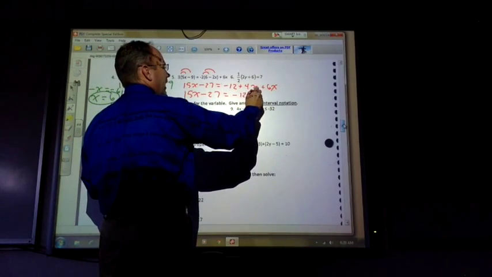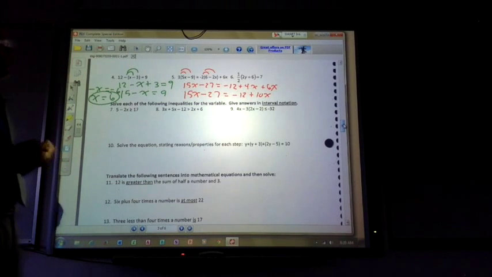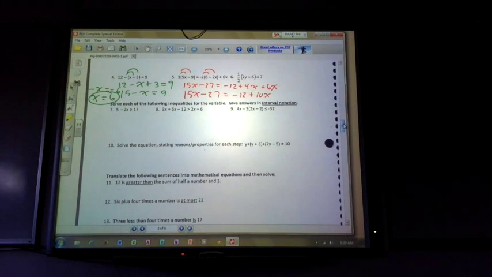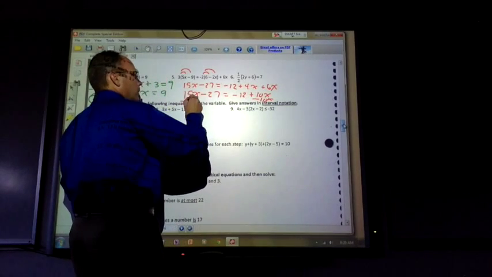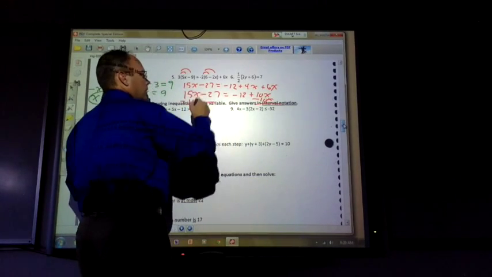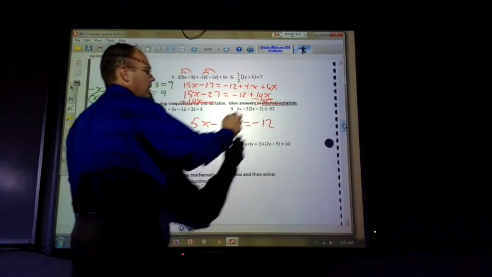Minus 12 plus 10x. And this is one where I could choose to subtract 15x, add 27, add 12, or subtract 10x. I think subtracting 10x might be okay. So that's going to be 5x minus 27 equals negative 12.